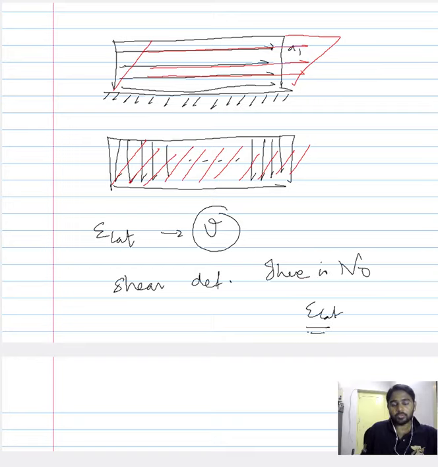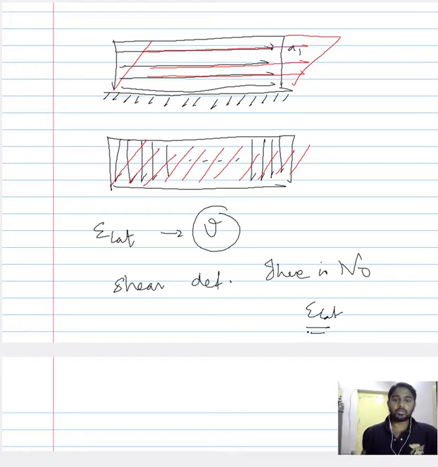So this is one of the characteristic features of the shear deformation, that there is no lateral strain involved. There is no change in the dimension along the lateral direction if you impose a load along the longitudinal direction. So these are some of the ways you can differentiate a shear deformation from the deformation that you observe during tensile or compressive loading.